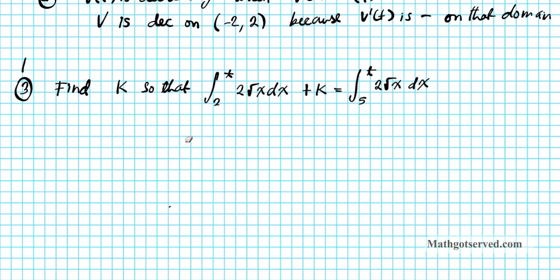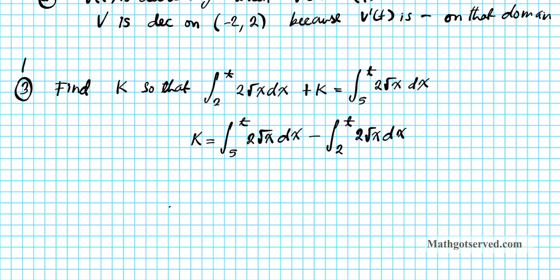So we have k equals the integral from 5 to t of 2 root x dx. So you got to subtract this integral from both sides. So it becomes minus the integral from 2 to t of 2 root x dx.